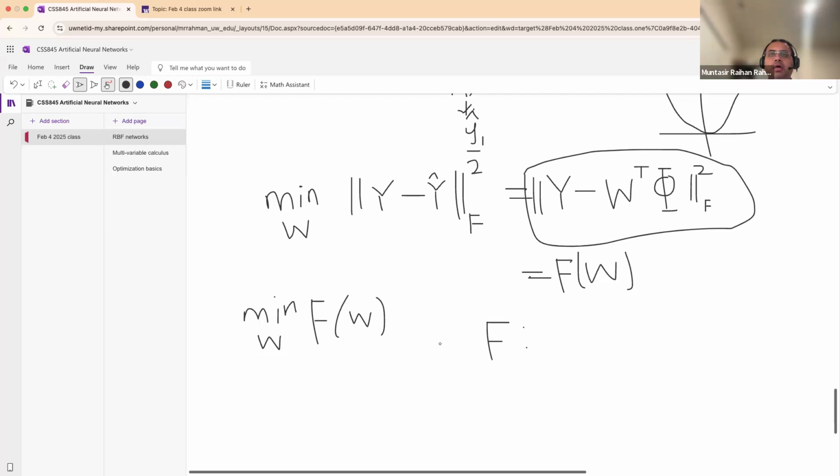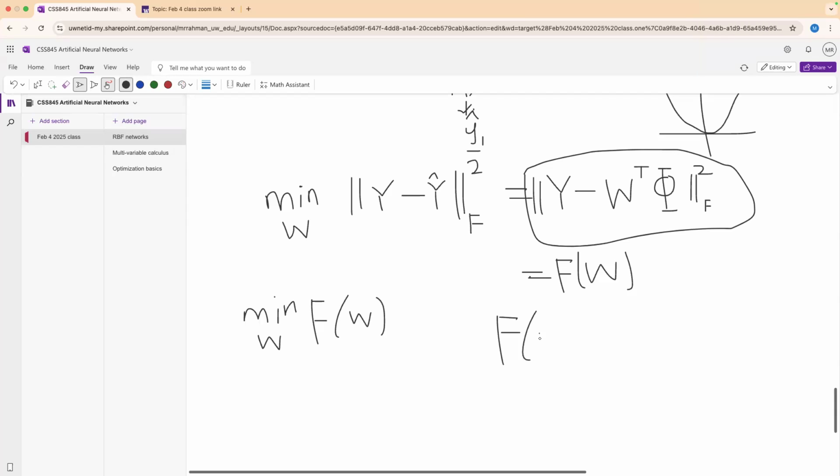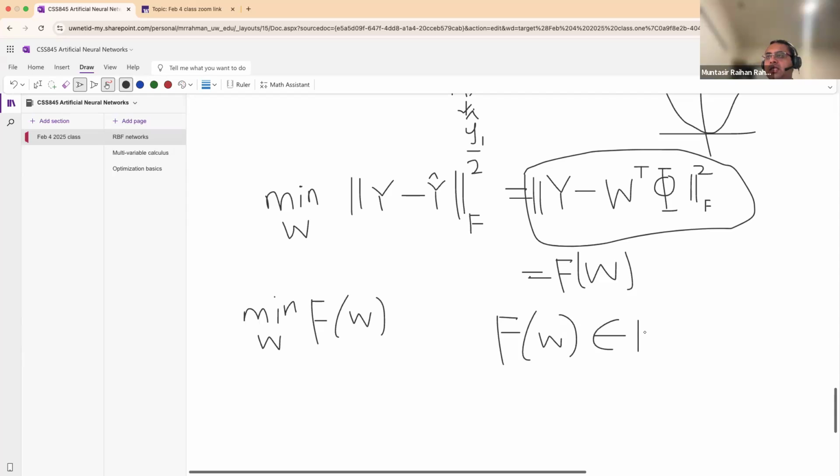This function depends on W, and what is the dimension of this function's output? Like this function spits out an output. What type of quantity is that? Is it a matrix, vector, or something else? Scalar? It's a scalar. So this is basically going to be just a real number, right?